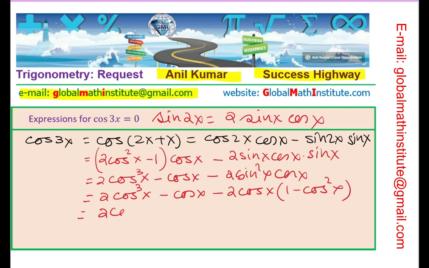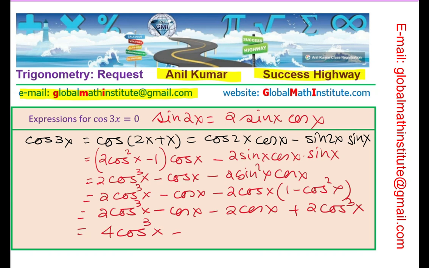So that gives us 2 cos cube x minus cos x minus, open the bracket, 2 cos x, and minus and minus becomes plus 2 cos cube x. Great. So combining the cubes, we get 4 cos cube x minus 3 cos x. Makes sense? So we have the formula for cos 3x also, which is this. So now you know what is cos 2x, what is cos 3x.